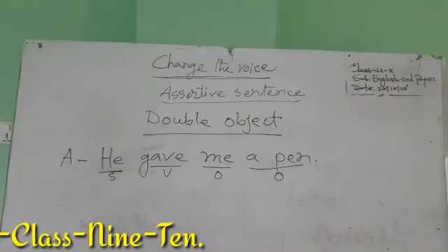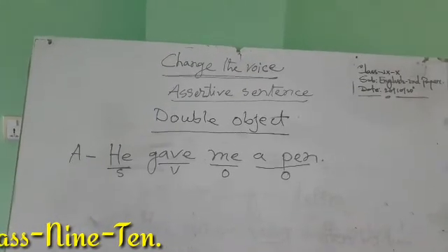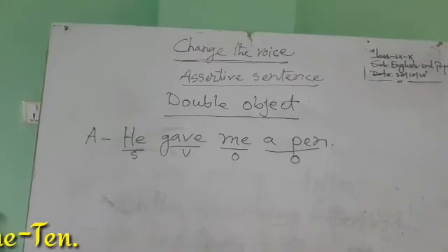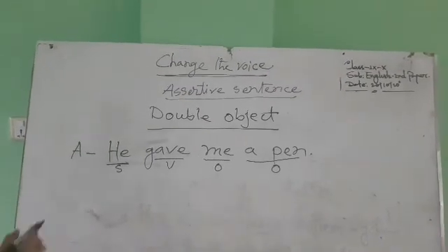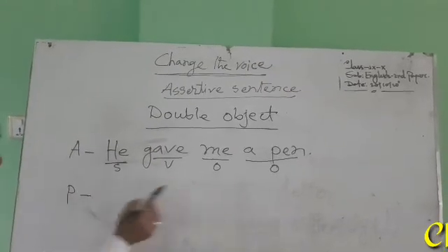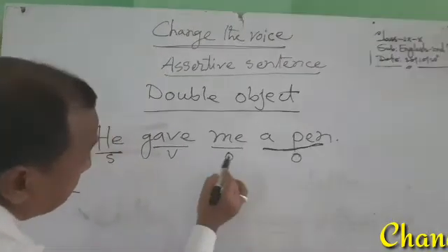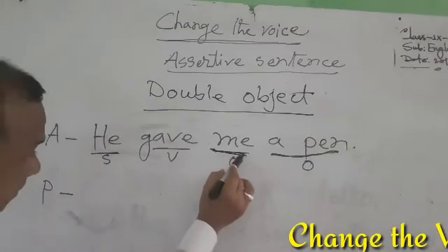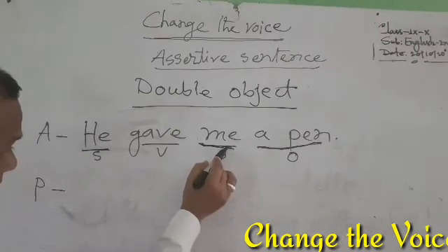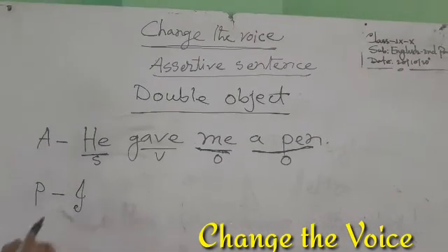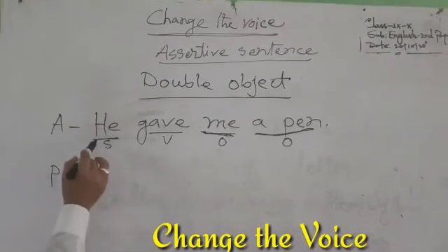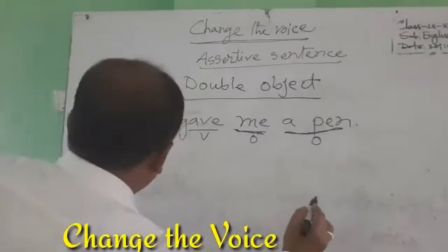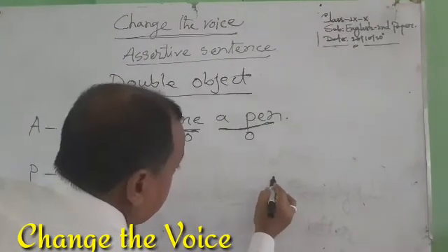At first, we will swap subject with object. That means in passive voice, the objective form becomes the subjective form, I. The active voice subject form becomes, in passive voice, the object form him.